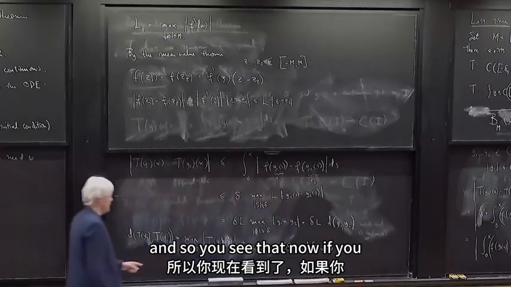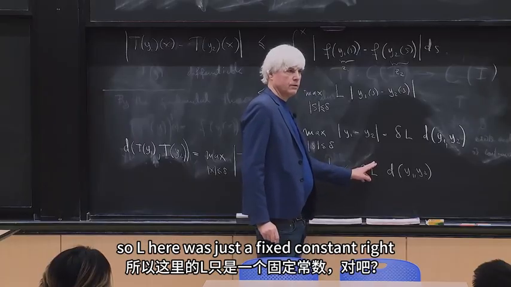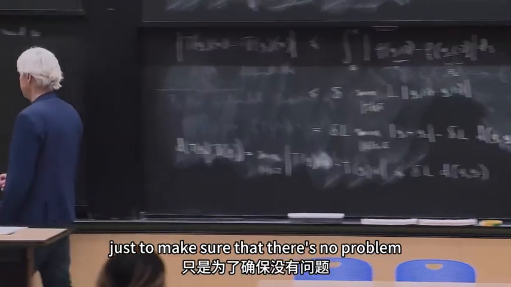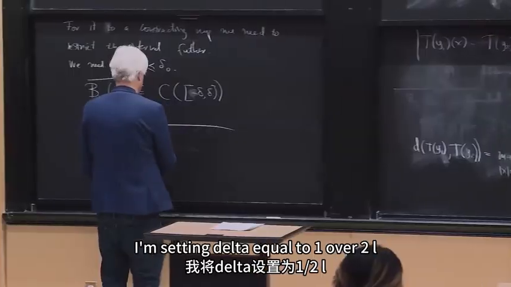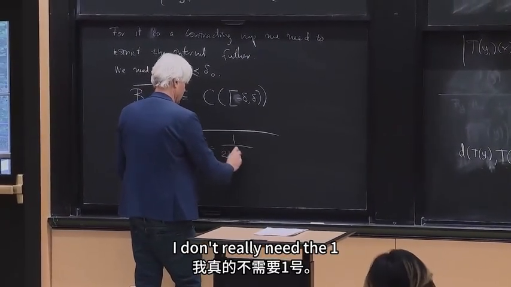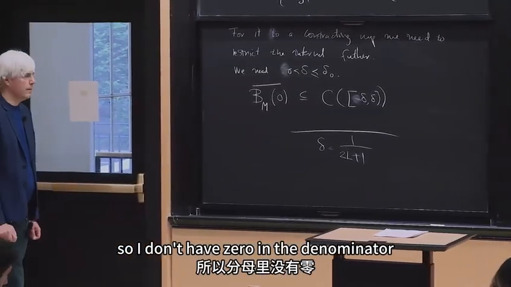And so you see that L here was just a fixed constant, right? If I now set delta, just to make sure that there's no problem, I'm setting delta equal to 1 over 2L. I don't really need the 1, but I'll do it like this so I don't have 0 in the denominator.